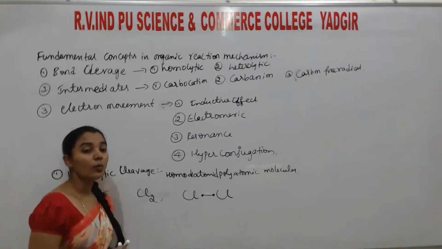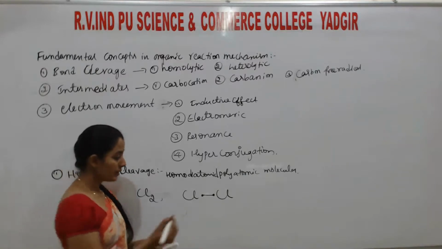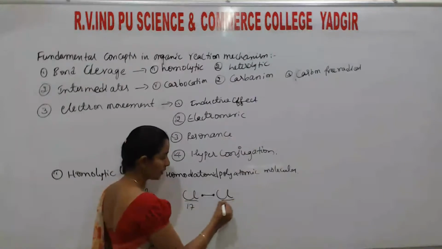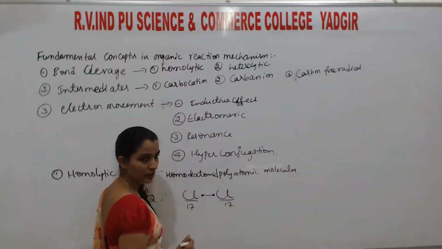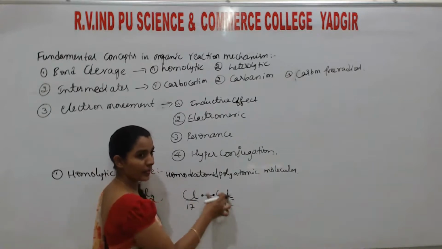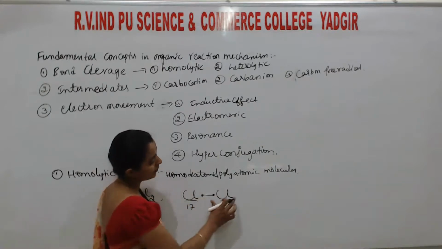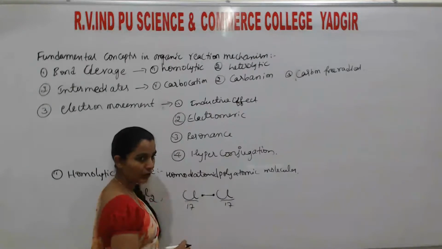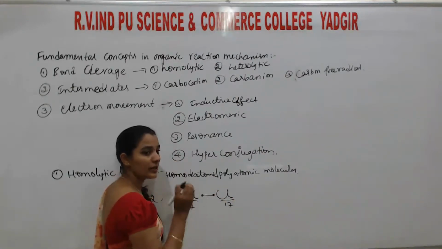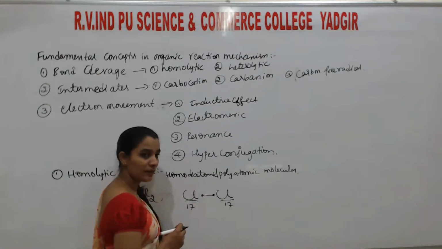What is homolytic? Listen here. This Cl atom has atomic number 17, this is also atomic number 17. This has the same weight, this also has the same weight. This has high electronegativity, this also has high electronegativity. So both are the same atoms, which means their physical and chemical properties are also the same.